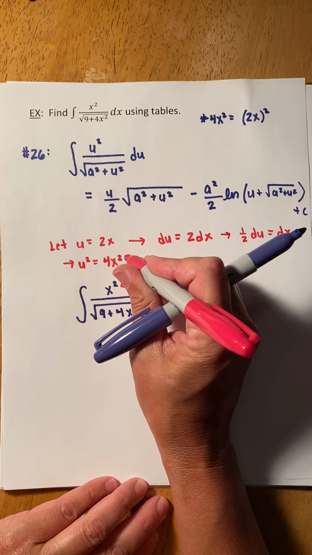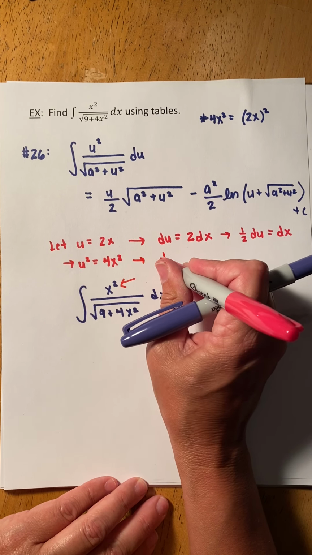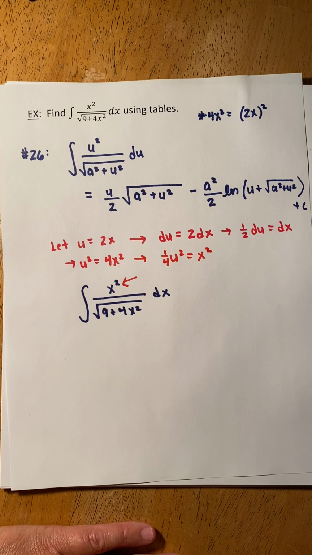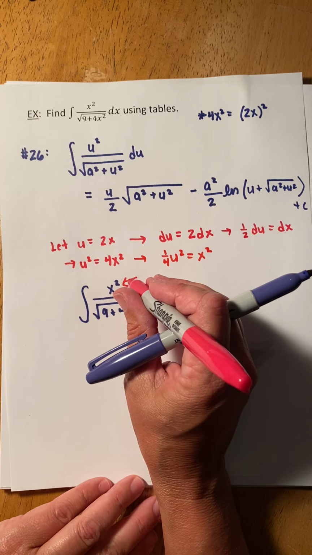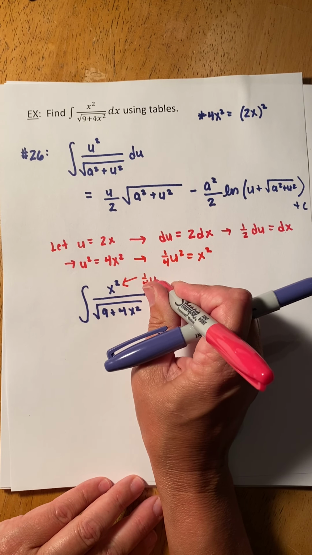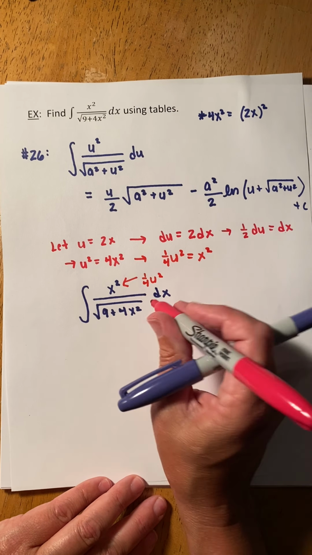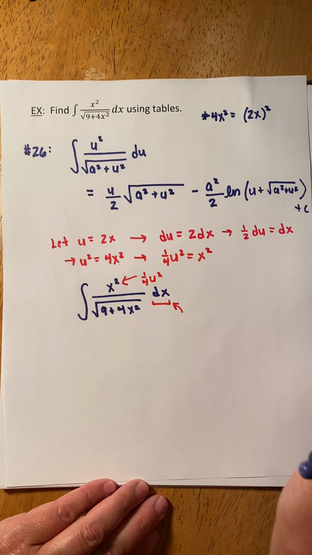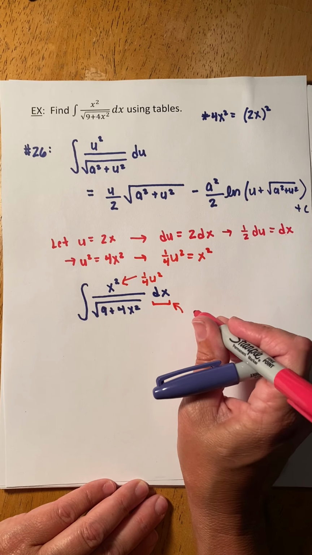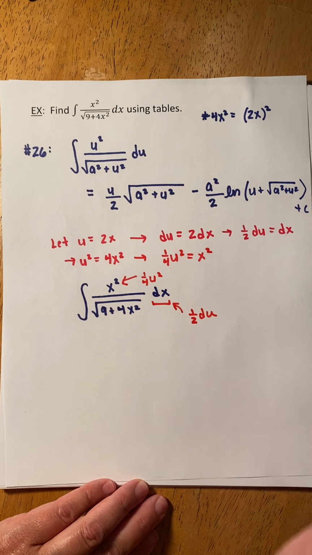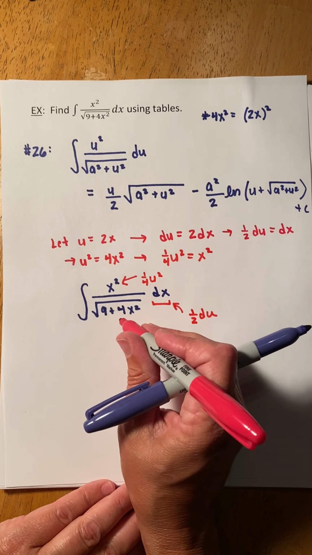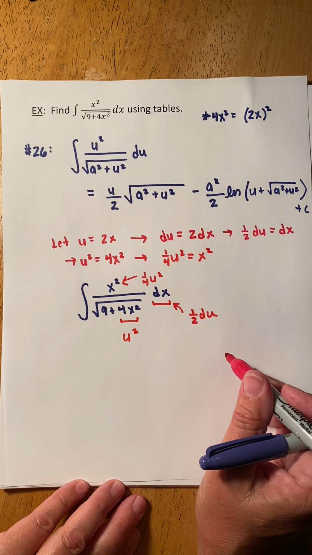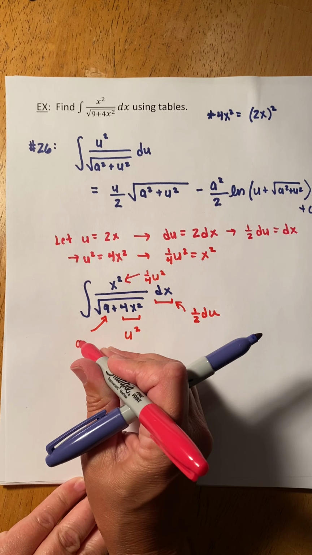So if 4x squared is equal to u squared, isn't it true that 1/4 u squared is what I'm going to replace for x squared? So I'm going to call x squared 1/4 u squared. dx is, oh, sorry about that. Somebody's alarm is going off. dx is going to get replaced with 1/2 du. And now 4x squared is going to just be u squared. And then a is going to be 3.